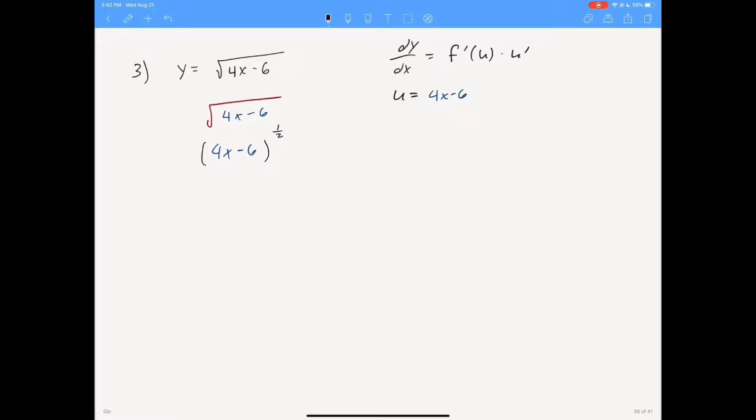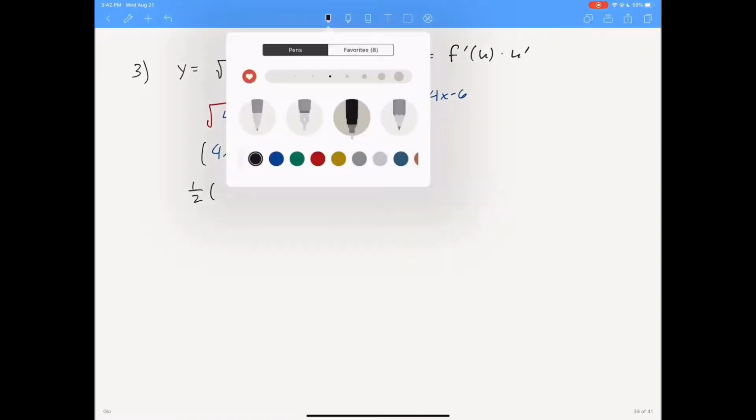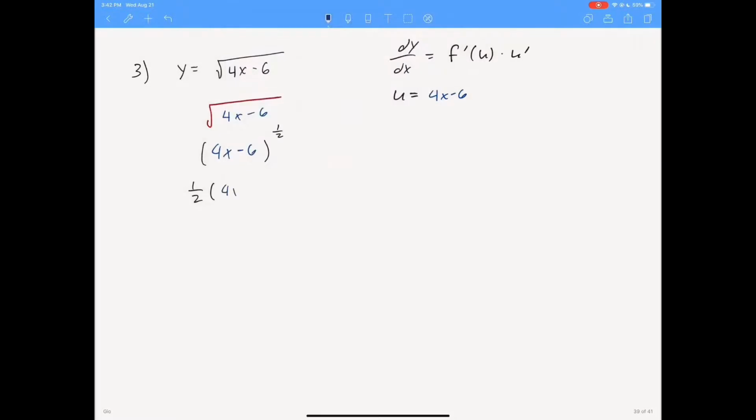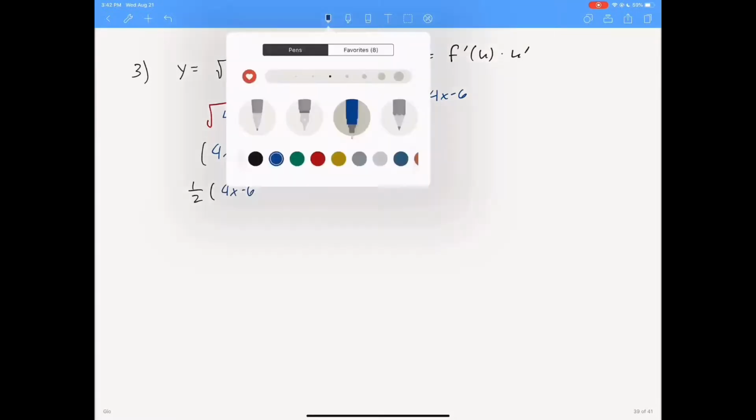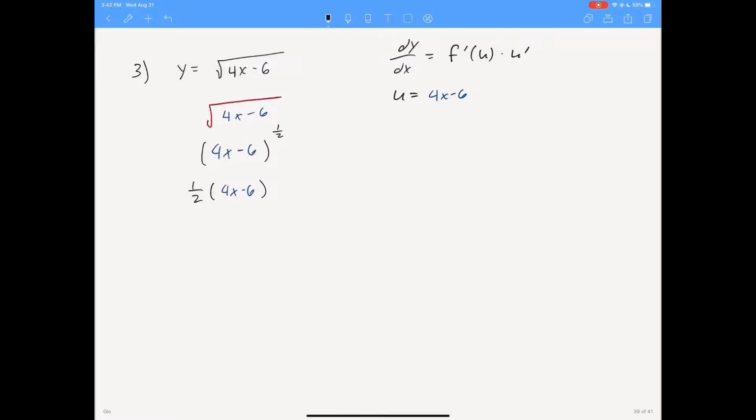And let's take that derivative. So 1/2 comes up front. We still have the 4x minus 6. And then 1/2 minus 1 will be negative 1/2. All right, almost there. We just have to multiply by u prime.